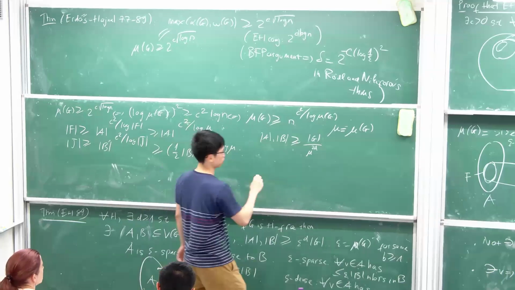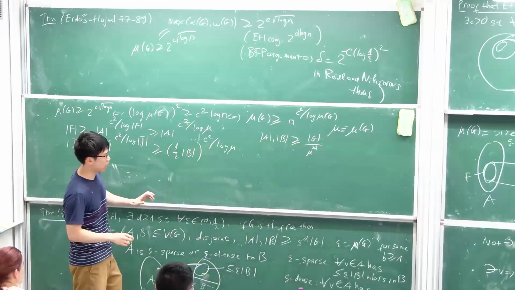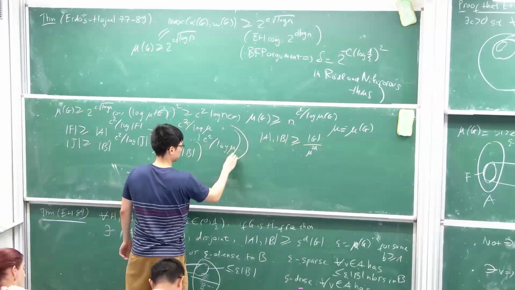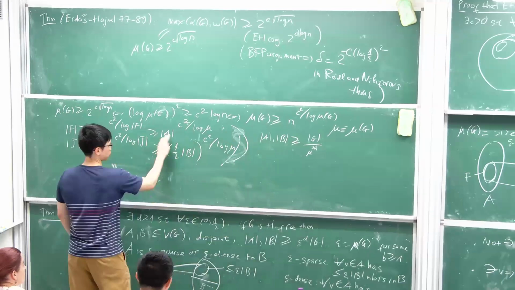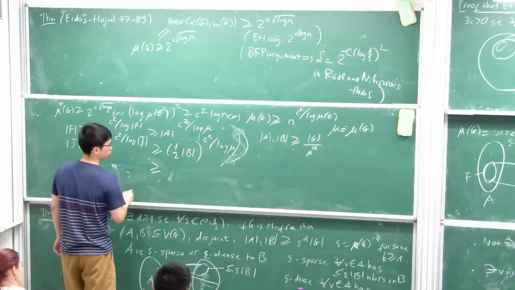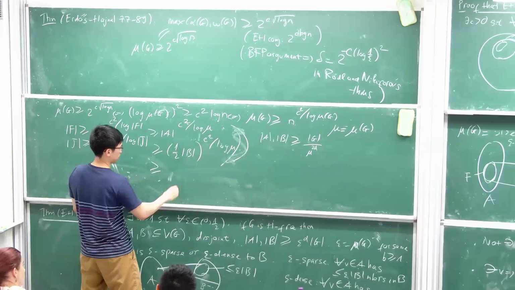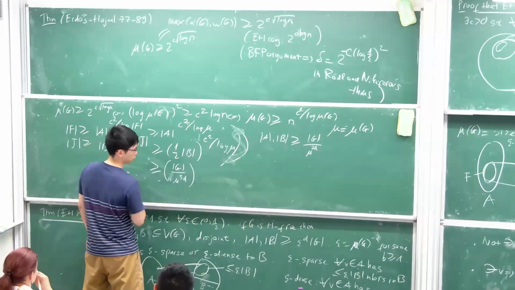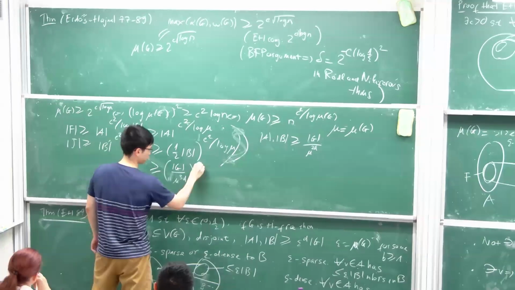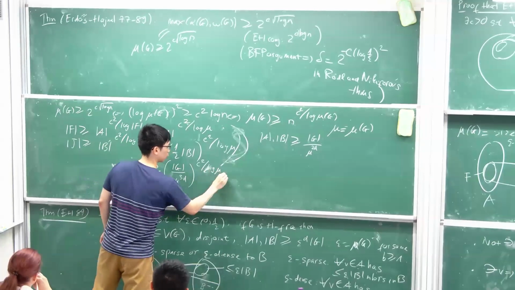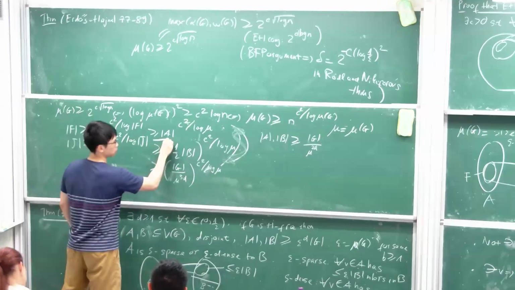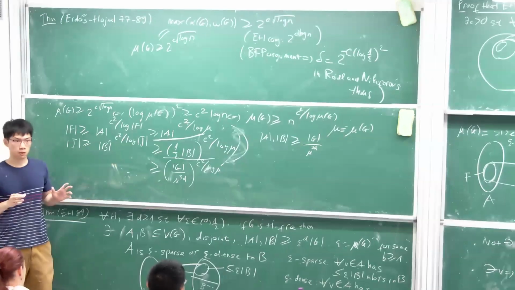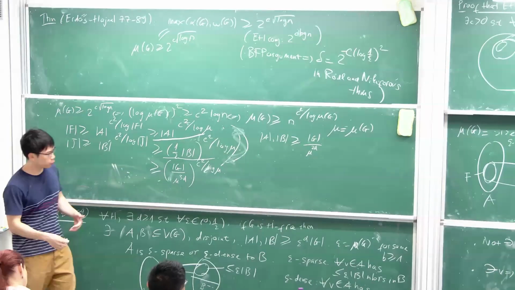Okay, so A and 1/2 of B are all at least G divided by mu to the 3D, and raised to the power of C squared over log mu. I mean, these two quantities are all less than one on the top. Okay. I mean, we're just doing some calculation.